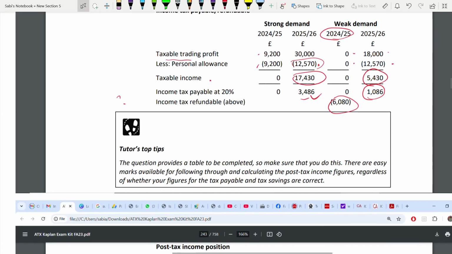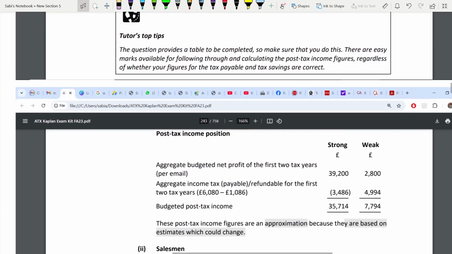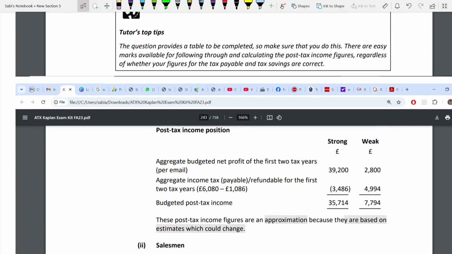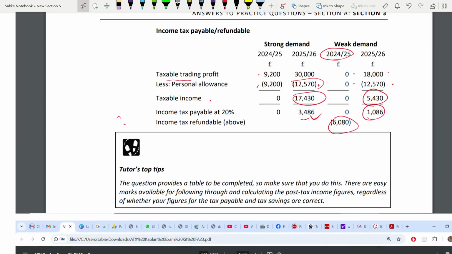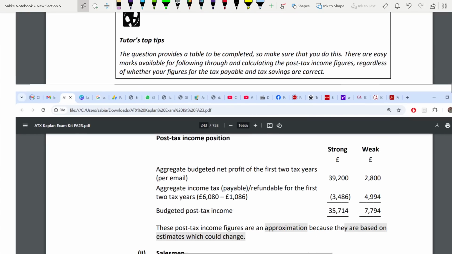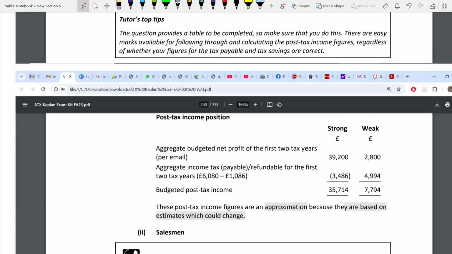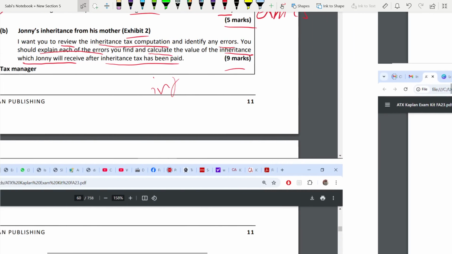Now, what's next? I'm sorry, that table and this table is different.